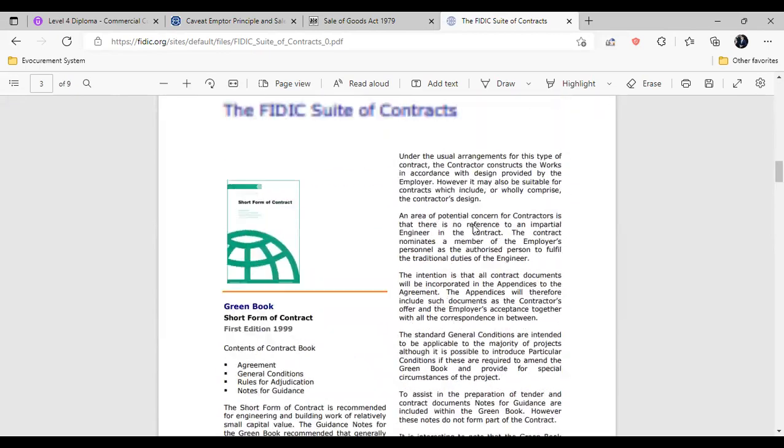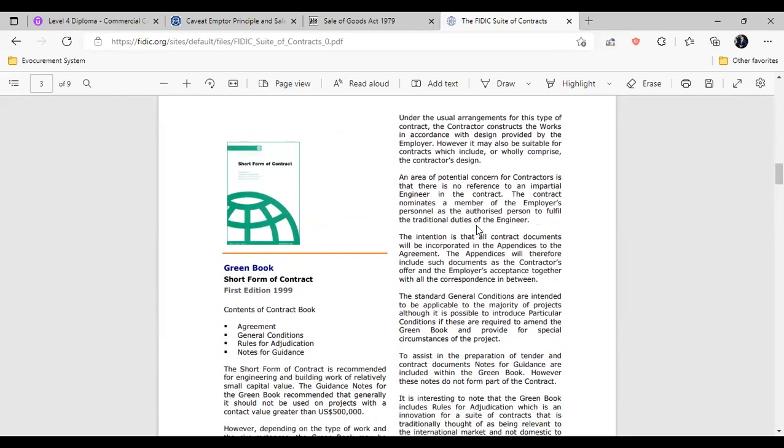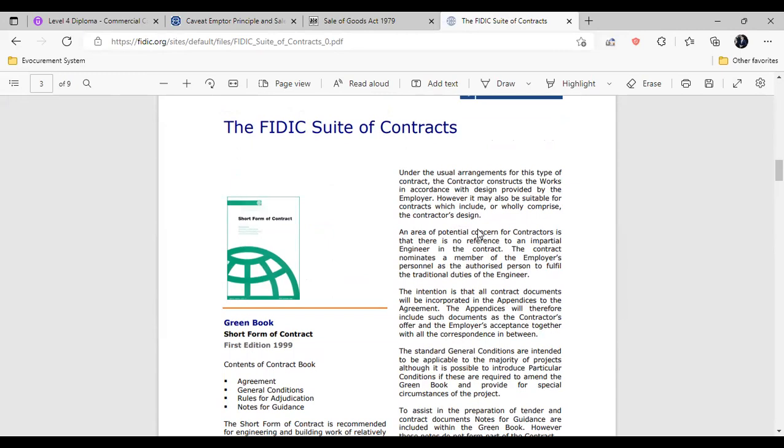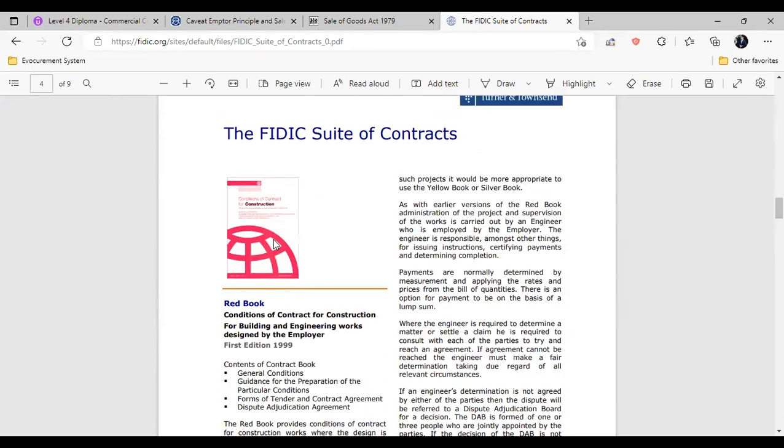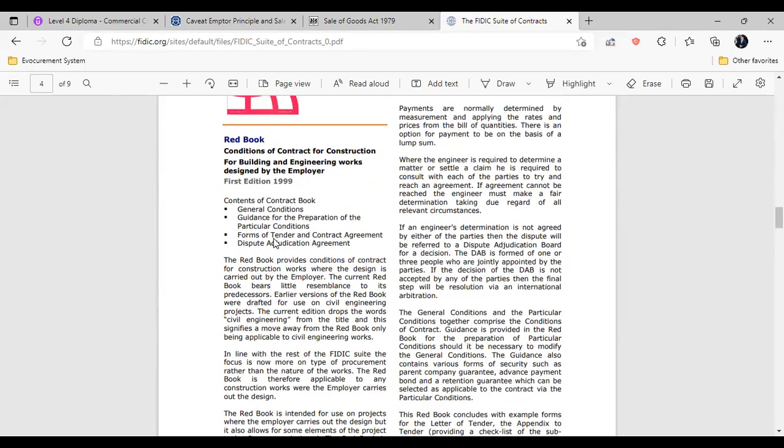FIDIC has many types of form contract, divided into colors like green, red, yellow, etc. Generally, the focus here is on contracts for construction.